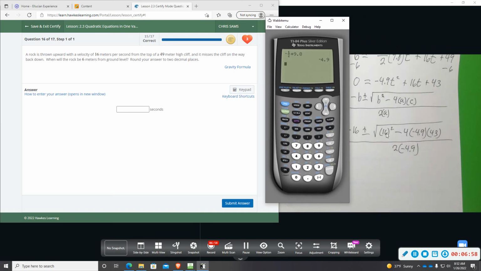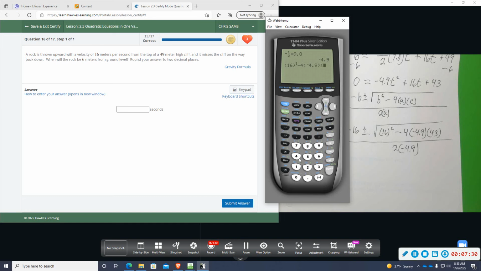Alright, so I'm not going to put the square root in, I'm just going to put everything that's under the square root. So do parentheses 16 squared minus 4 parentheses. Difference on the calculator, you cannot use minus interchangeably with the negative. So the minus is on the right side, the negative is below. You've got to make sure you use negative when you need a negative number. Otherwise it will say error.